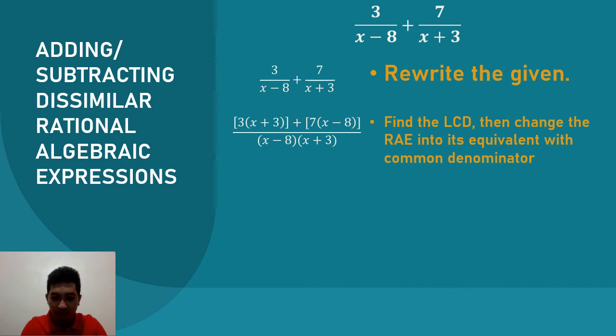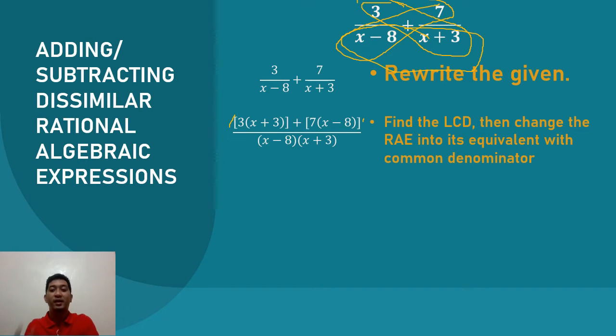So you have 3 times x plus 3, and then plus 7 times x minus 8, and then x minus 8 times x plus 3.